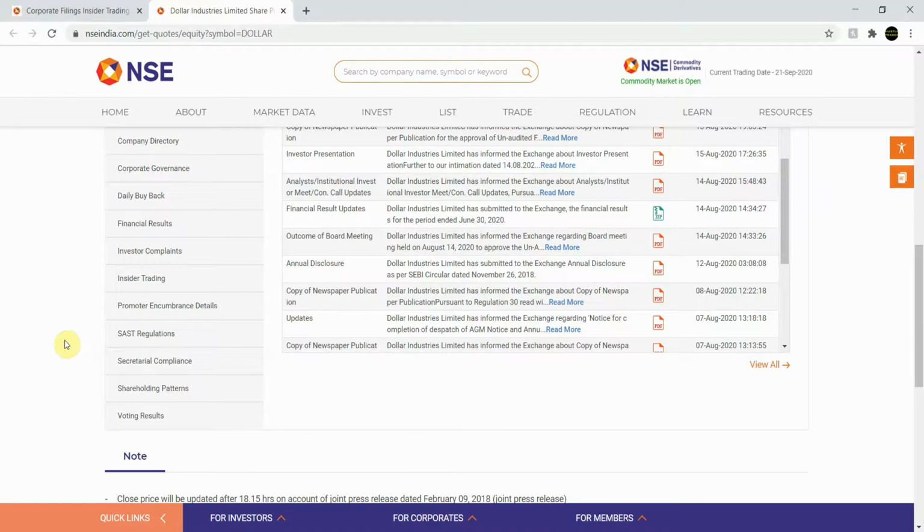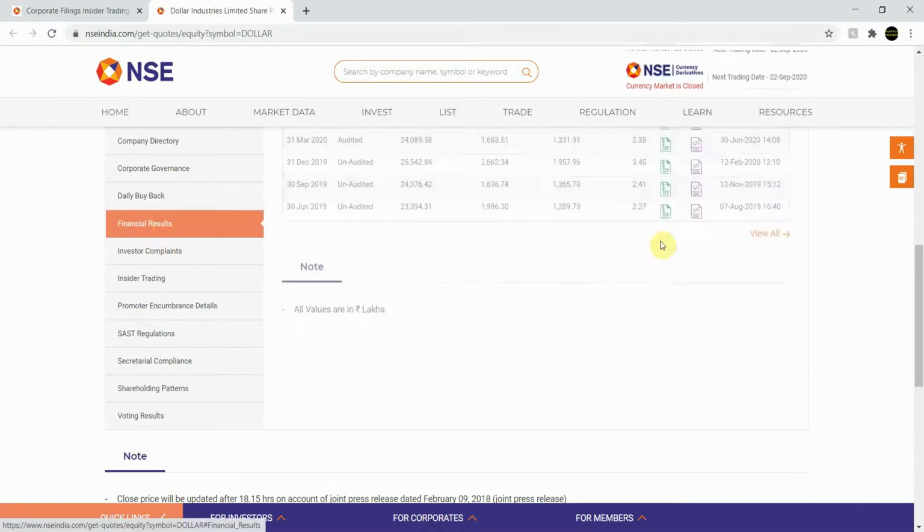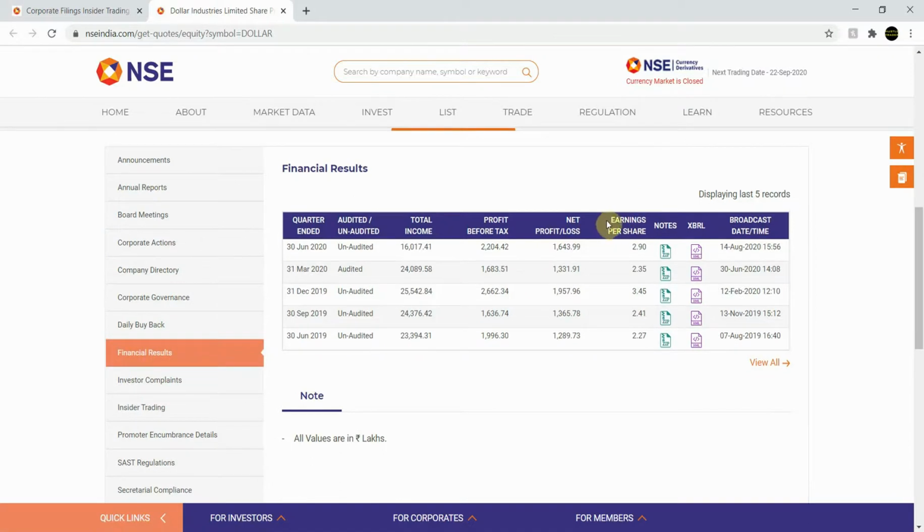The last and the optional one is the financial results. You may or you may not want to check. I may sometimes check the financial results or I may not. In the financial results, we have to check the earnings per share.